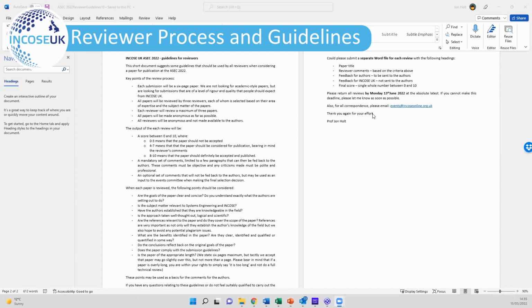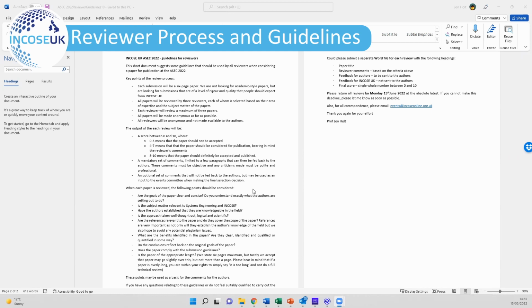And then, of course, we've got the deadlines on this. Bearing in mind that all of our reviewers have deadlines, the deadlines are put in place to make sure we can get everything collated, we can get the proceedings done, we can get everything in place before the ASEC. If you ask for an extension on time, sometimes we will grant one if the circumstances are appropriate, but bear in mind the timeframes that we're operating on.